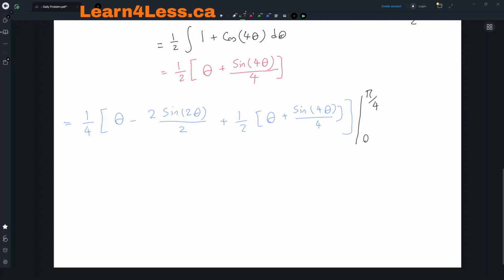So first, let's plug in the upper bound. Or before that, let's just simplify it. So cancel these two with these two, and basically that's all we can do. Let's plug in pi over 4.